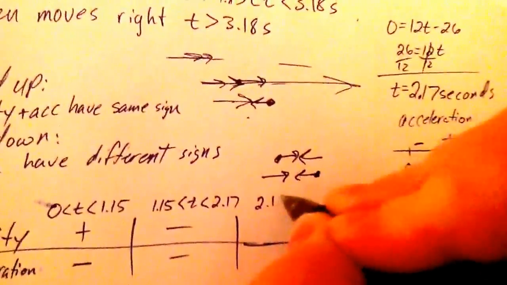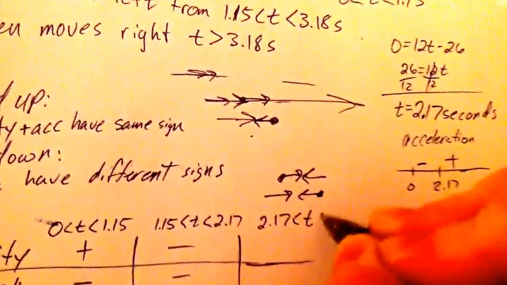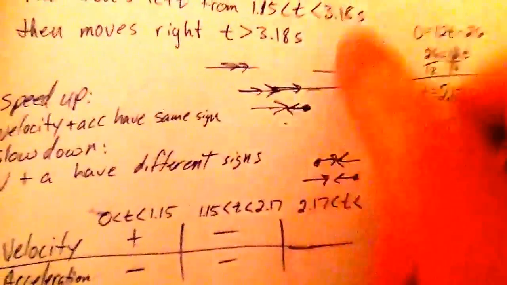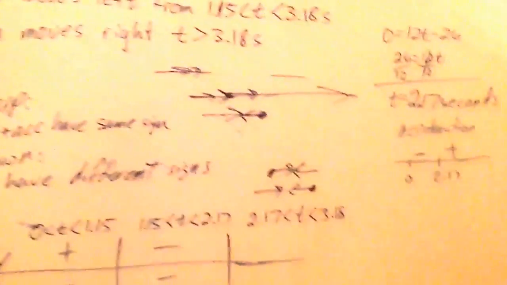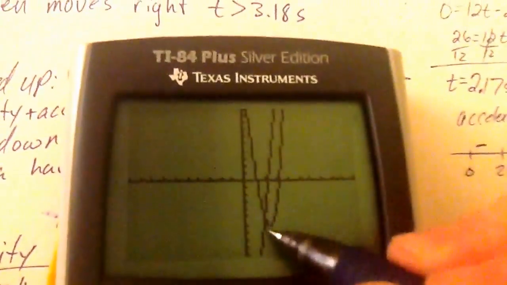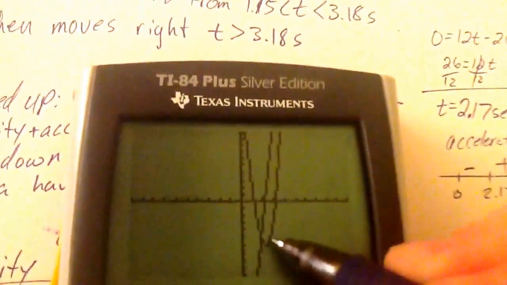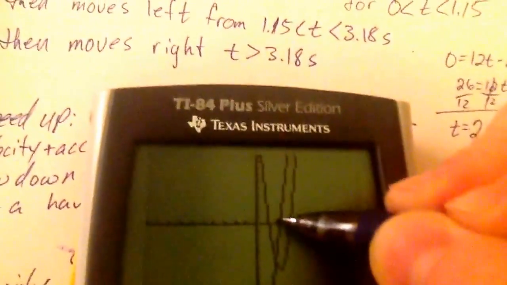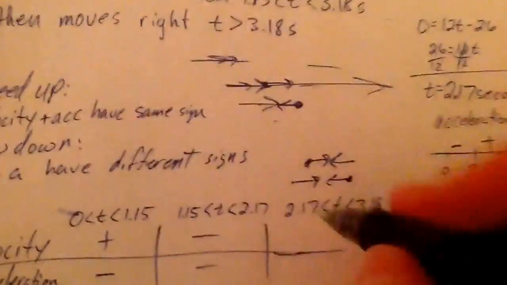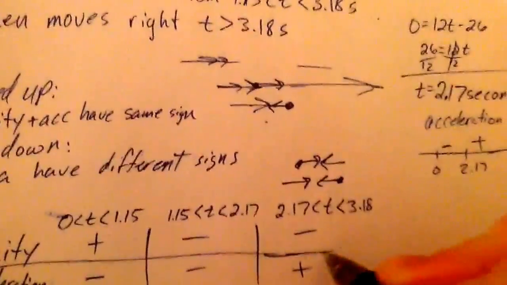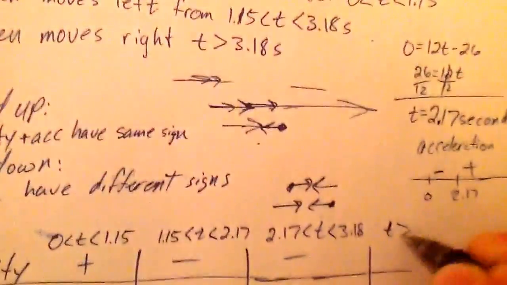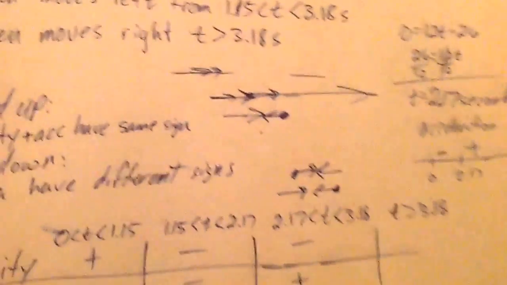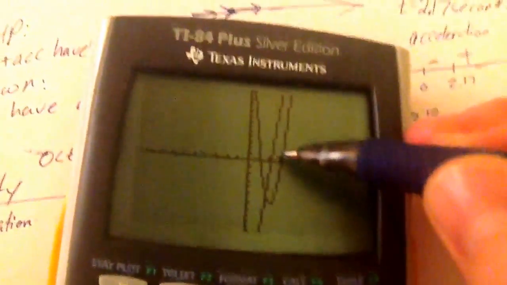Then we're going to go from 2.17 to our next sign change, which for velocity was 3.18 seconds. So from here to here, our velocity is still negative, but now our acceleration is positive. And then our last one is for everything bigger than 3.18 seconds. And for this, we have both positive acceleration and positive velocity.